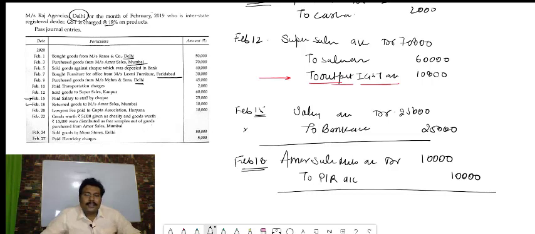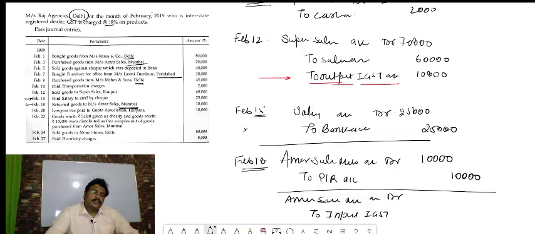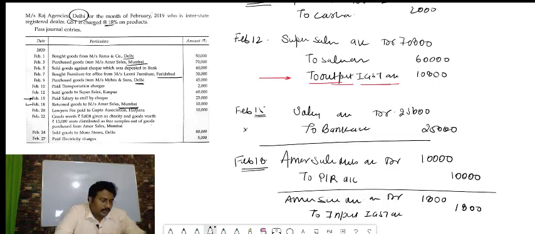At the same time, Amar Sells Mumbai account debit, and we have to decrease our GST also. To input IGST account. How much, bacha? So 10,000, 18% will be 1,800. Okay. If you want, then you can pass the combined entry for the same.